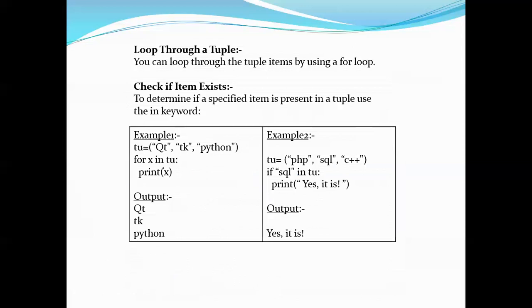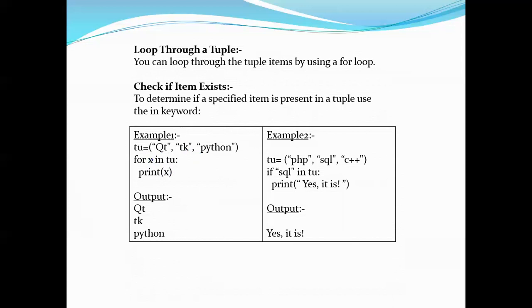Now using loops and conditional statements in tuple, right? If I need to access all the elements in a tuple, what I can do is I can just have my tuple, say for example, tu is equal to qt, tk, python. Now for x in tu, so what does x mean? X is a variable.